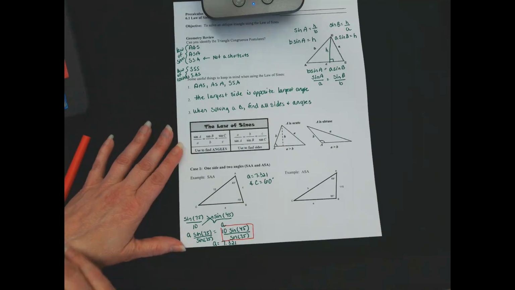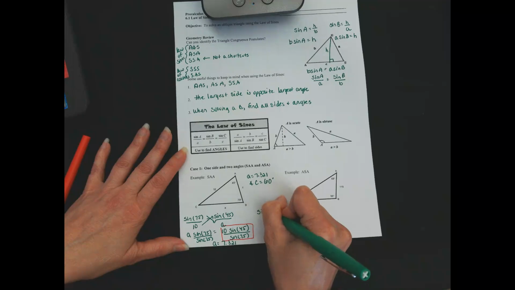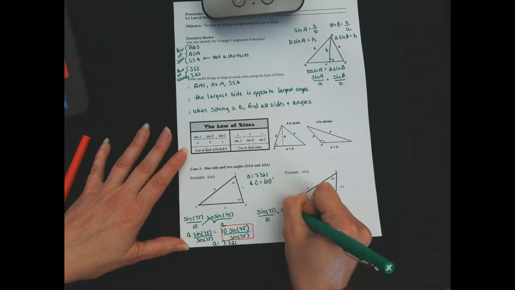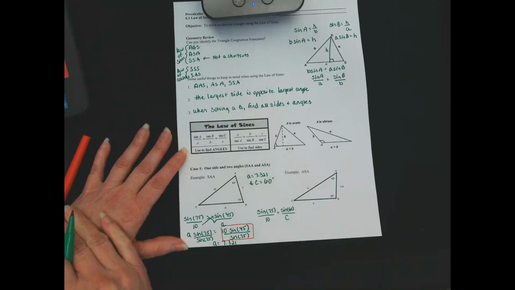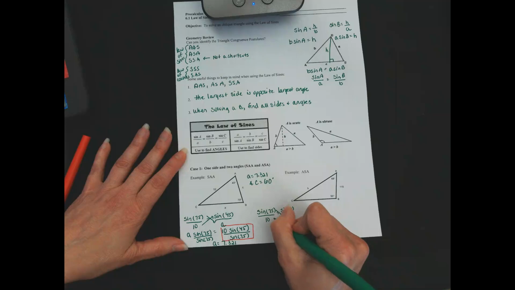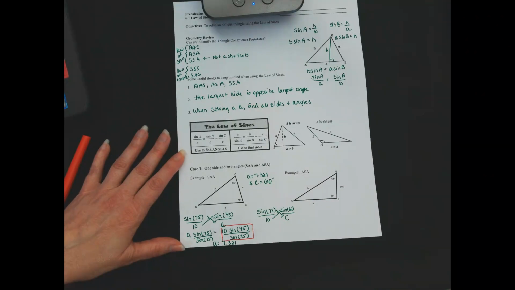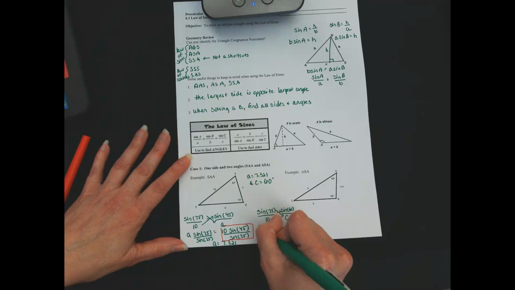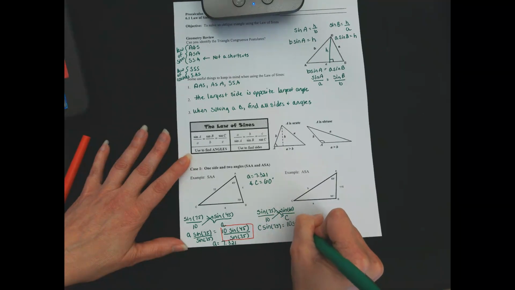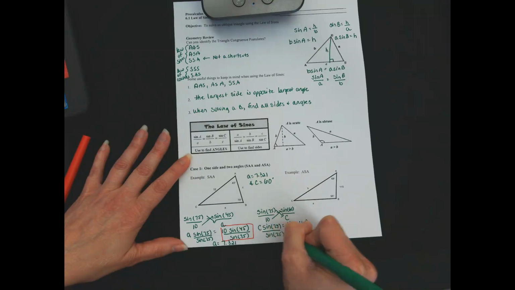Now I can set up another ratio and say, hey, sine of 75 over 10 is equal to sine of 60 over that side C. When I cross multiply, so again, cross multiplying means we are multiplying the upper left by the lower right and the lower left by the upper right, I'm going to divide everything by the sine of 75.